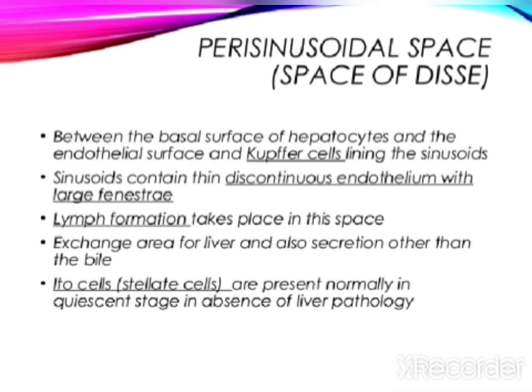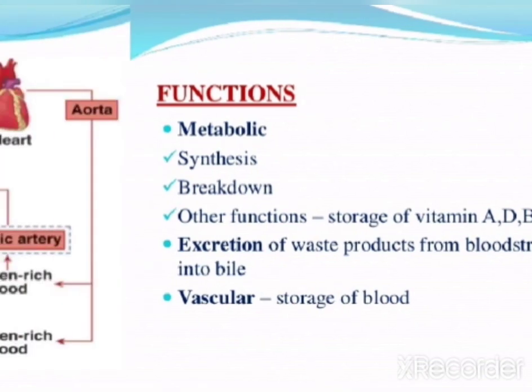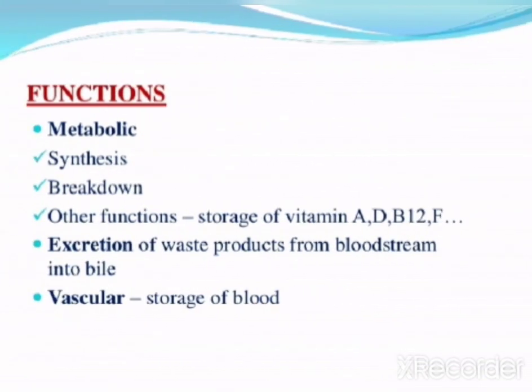Now one more important thing is the clinical anatomy. As I have stated right now, the various functions like metabolic functions, synthesis and breakdown, and other functions like storage of vitamin A, D, B12 and K, excretion of waste products from the bloodstream into the bile, vascular functions like storage of blood.